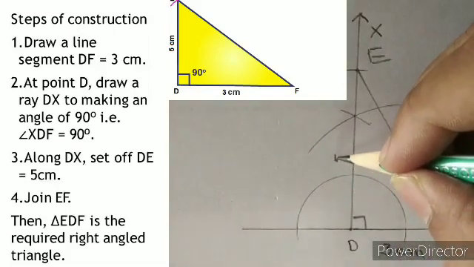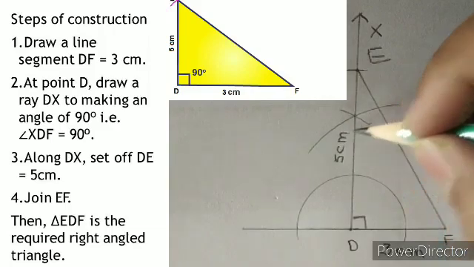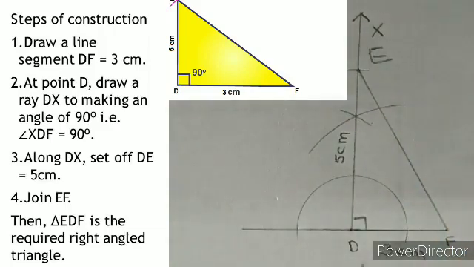First question of exercise 10.3. Write the side lengths, 5 cm. And this is already a 90 degree angle. So this way you have to construct this triangle.